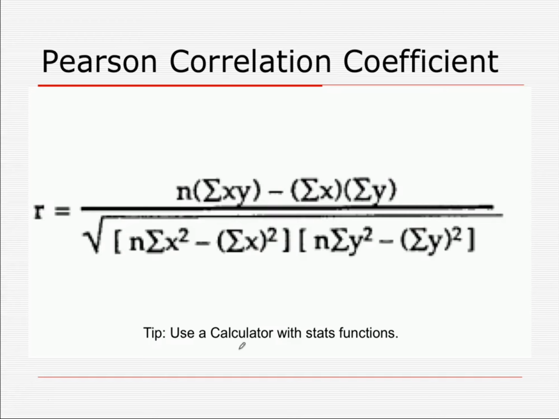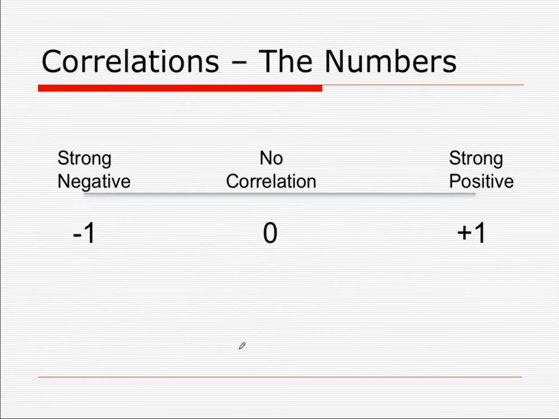Solving for R. Once we solve for R, we're going to have a value somewhere between -1 and +1. When the value is close to a +1 or is +1, we know we have a strong positive correlation, meaning the more we do of X, we have a proportional increase in Y. Strong negative, the closer the value is to -1, meaning the more we have of X, the less we have of Y in a proportion.